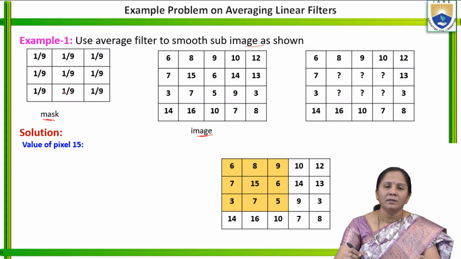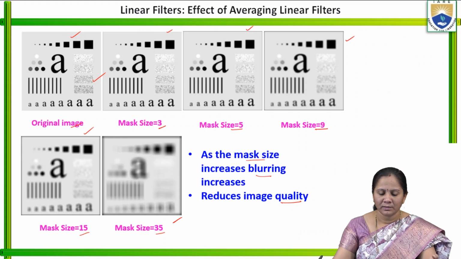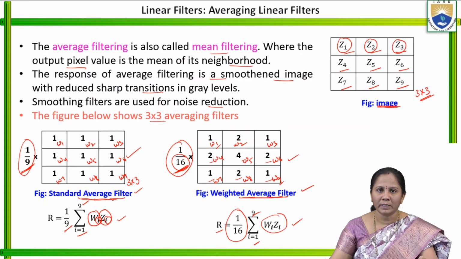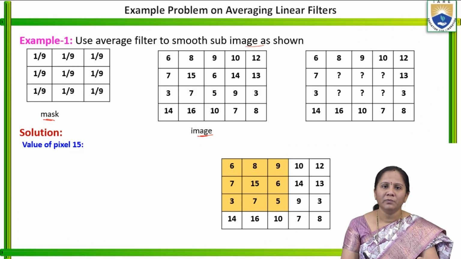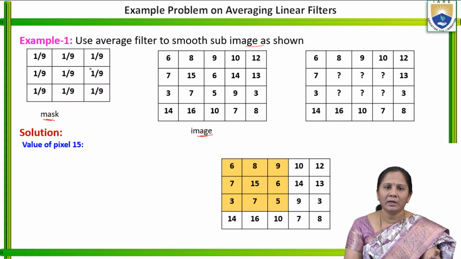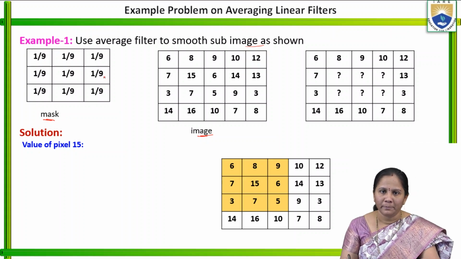By seeing this mask, we can understand that it is standard average filter. That means the given mask is standard average filter mask. So we can also modify this and we can write it as commonly 1 by 9 outside and making all these weights as 1.